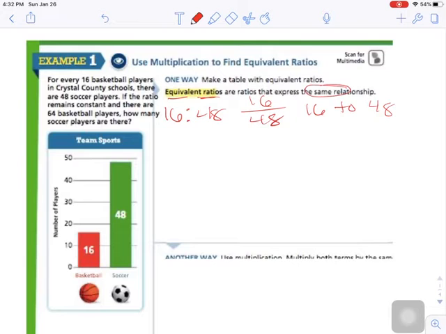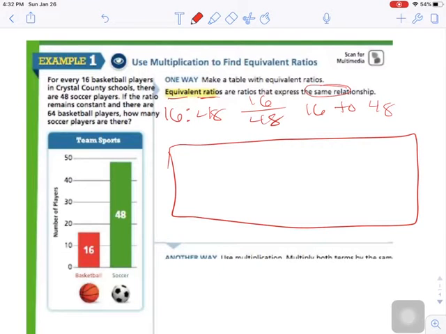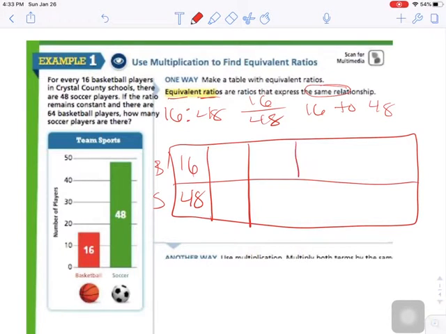So to find equivalency, there are 2 ways we can do this. The first way I'm going to show you is just by using a table. I'm going to do basketball players on top and soccer players on the bottom. If I'm starting with 16 and 48, and I know that this pattern is remaining constant, then every time I add 16 basketball players, I'm adding 48 soccer players.